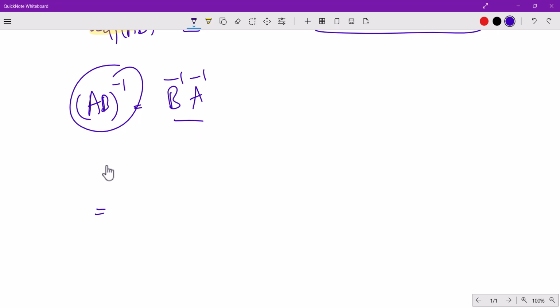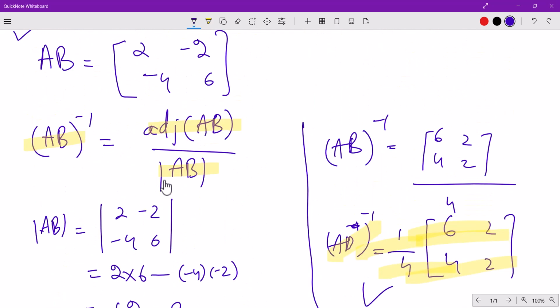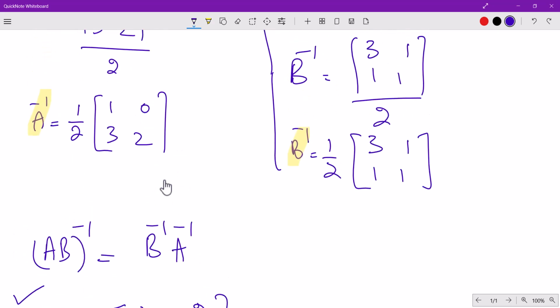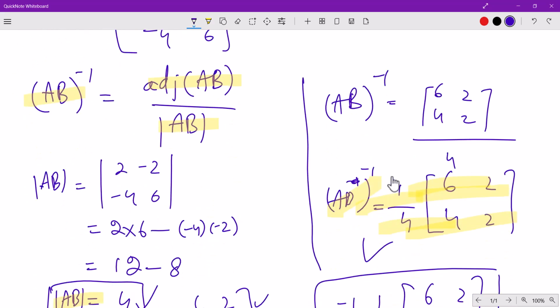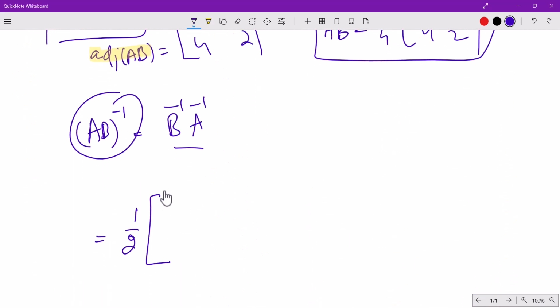For matrix B inverse, B inverse is equal to 1 divided by 2 times 3 1 1 1.